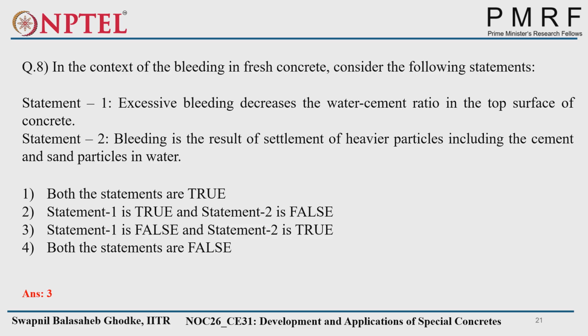I don't think so, because bleeding depends on how you cast the concrete, the procedure you are adopting. Suppose you are putting concrete from a higher altitude, bleeding will happen then also. With a higher amount of compaction, more water will come to the surface.